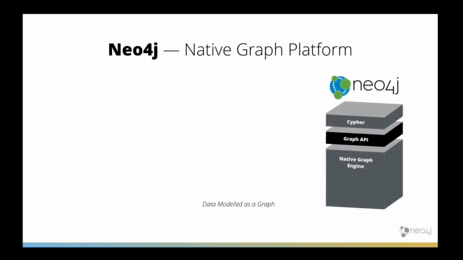So Neo4j as a native graph platform, what does that mean? Well, we have this graph engine that stores all of your data. There's a graph traversal API that sits on top of that. And then there's the Cypher query language. It's a declarative query language optimized for graphs. So it's very similar to SQL, easy to learn, but really optimized for the types of queries that you need to do when your data is in a graph.